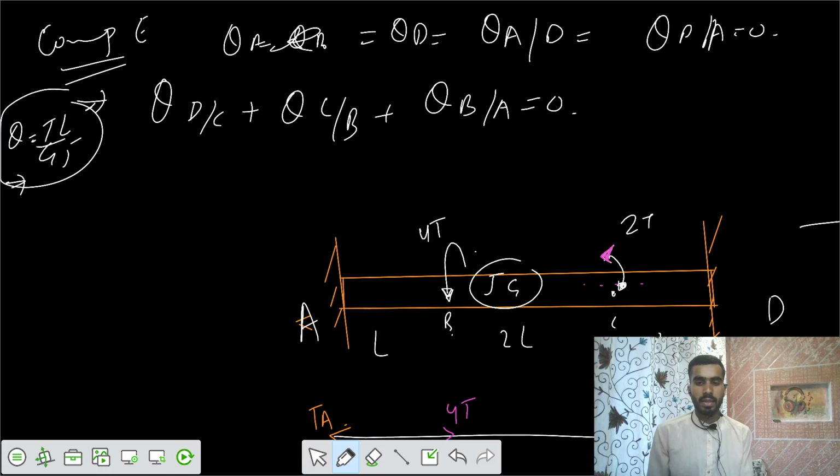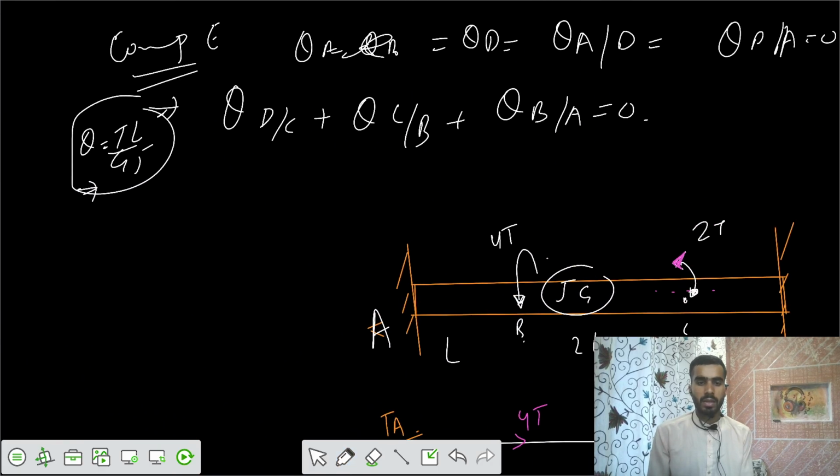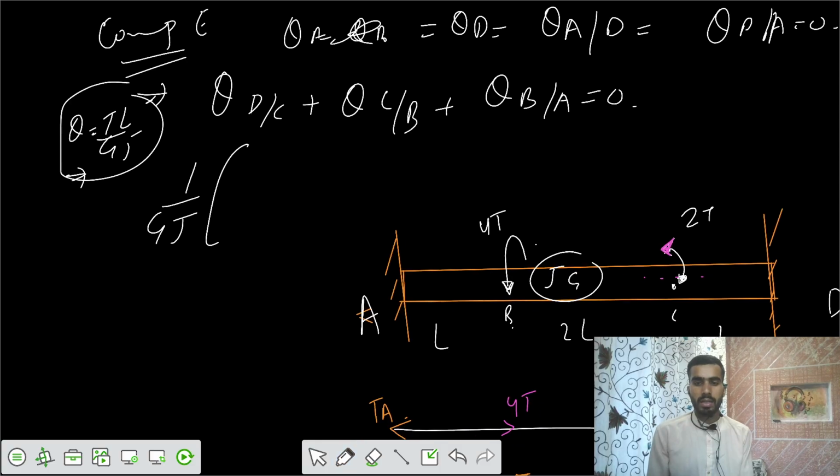So I would write 1 by GJ as common, and the length is varying.